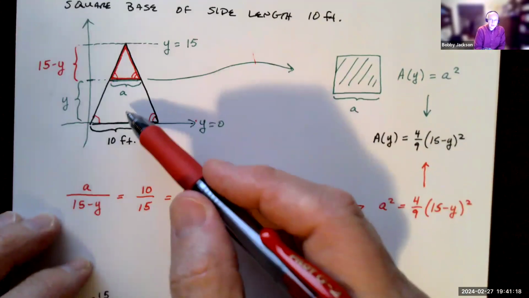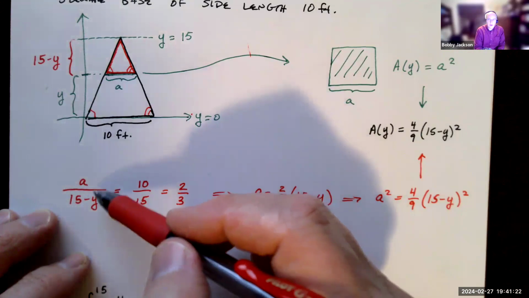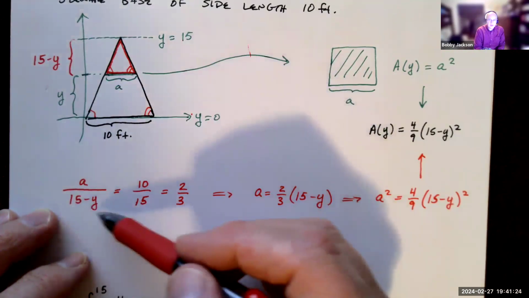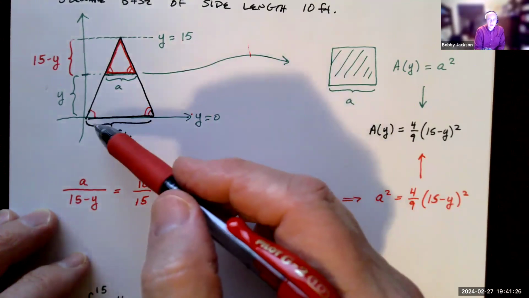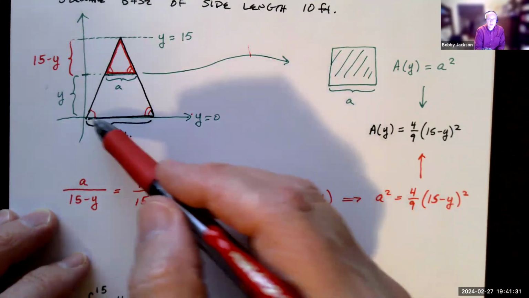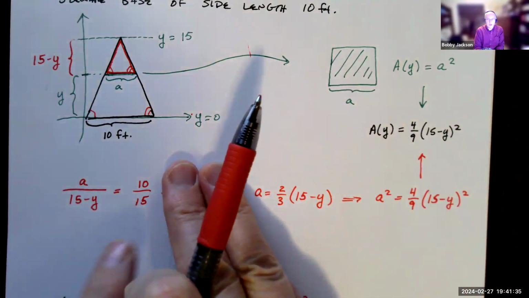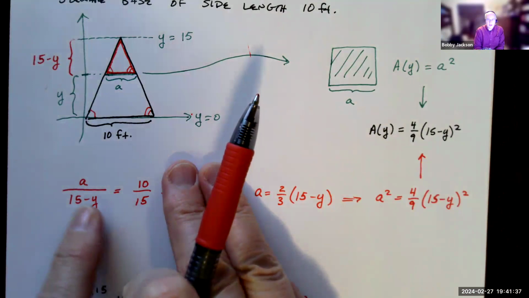So if I take the ratio of the base of that small triangle, a, to its height, 15 minus y, that would be the same as the ratio of the big triangle's base, 10, to its height, which is 15. So this equation here is where we're going to get a expressed in terms of y.